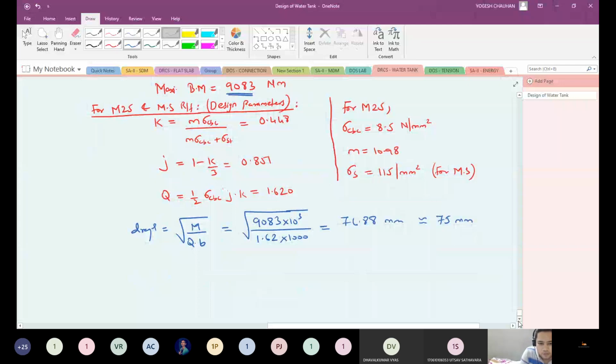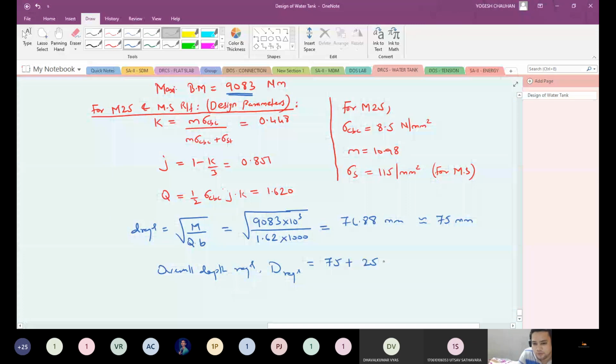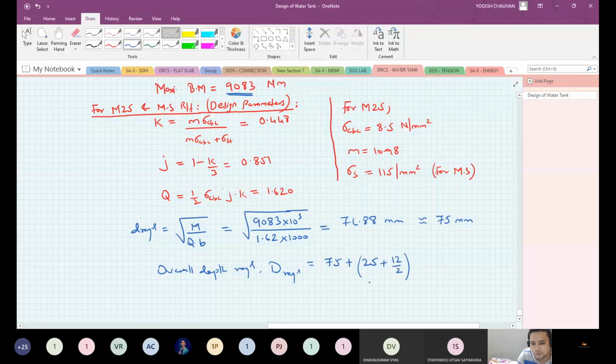The overall depth required, or we can say capital D required, will be equal to 75 plus cover requirement 25 plus 12 by 2, that is the effective cover.